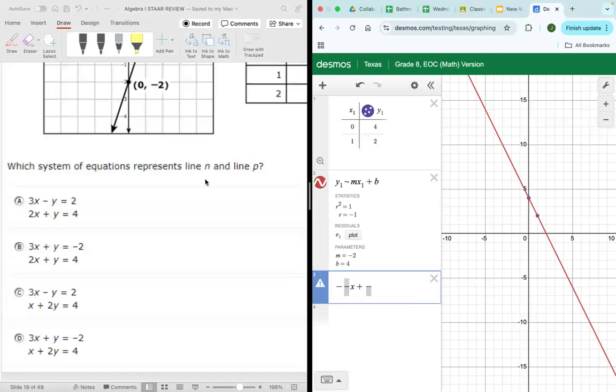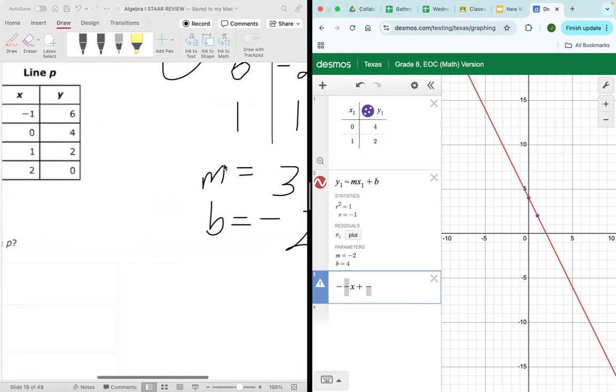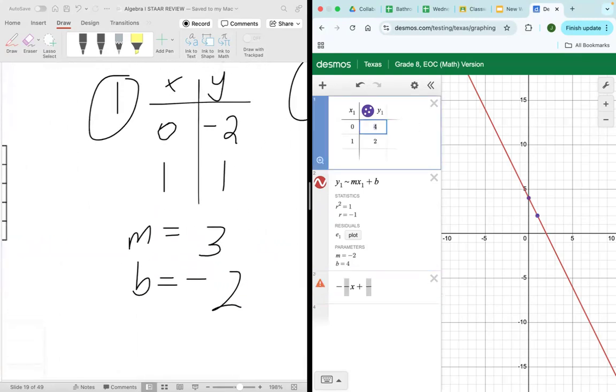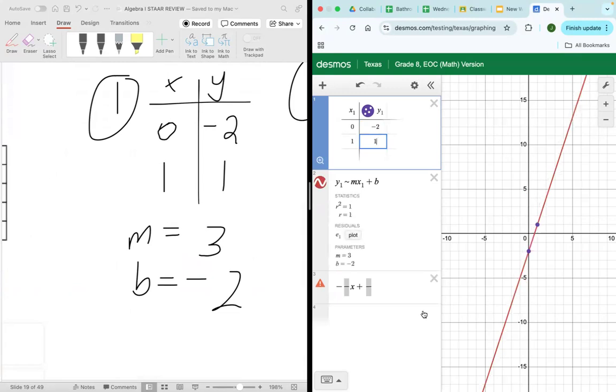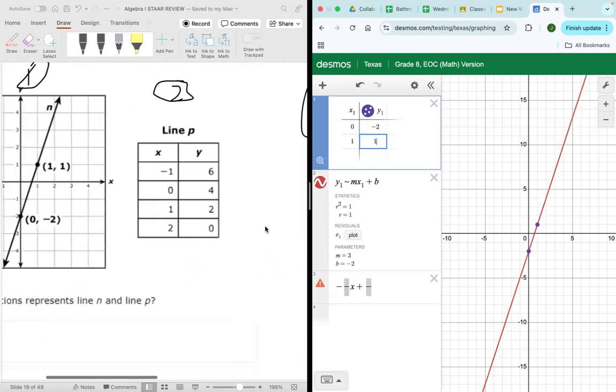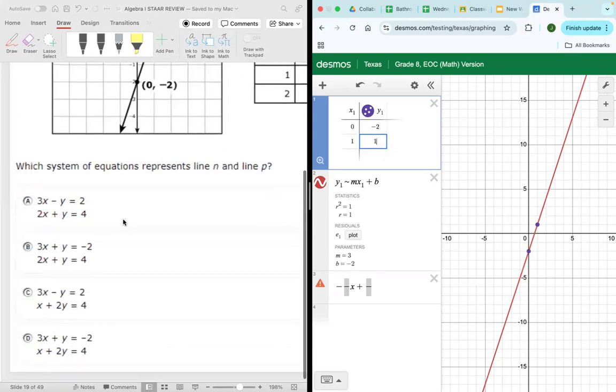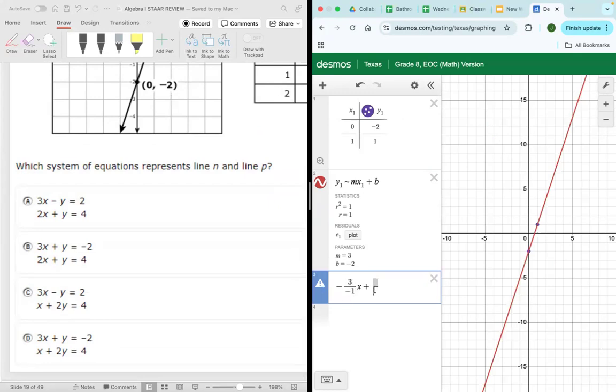So if I'm using equation number one, let me go back to equation number one's table. Let's put those values back there. 0, -2, and 1, 1. So we know our lines should be equivalent, which is overlapping. So let's look at our equation number one that they gave us. In this case, our A is 3, our B is -1, so I like to fill in both those B's, and my C is a 2.